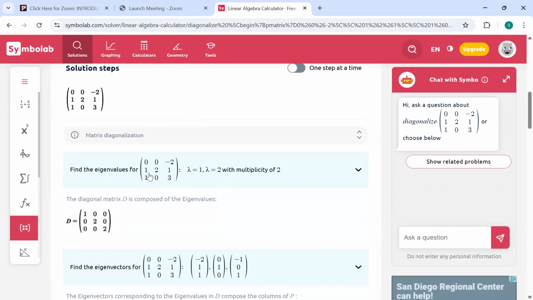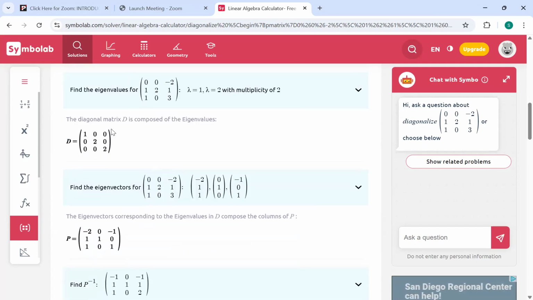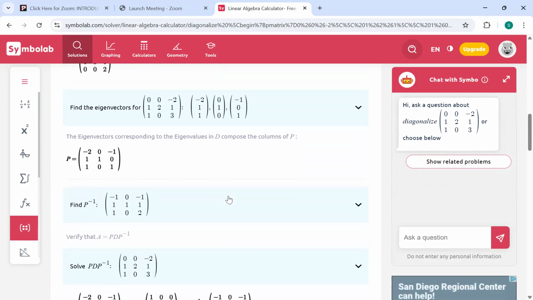These are the eigenvalues for matrix A. That's matrix A. The diagonal matrix, again, is 1, 2, 2. Ours was 2, 2, 1. These are the eigenvectors. We had exactly the same, right? We had negative 2, 1, 1, and then we had exactly these two. So we're getting a lot of this information that we already got.